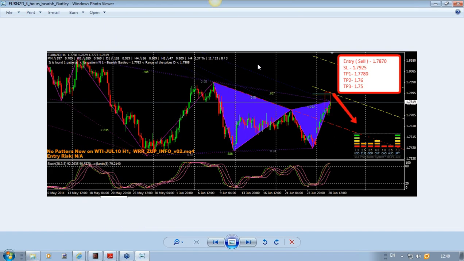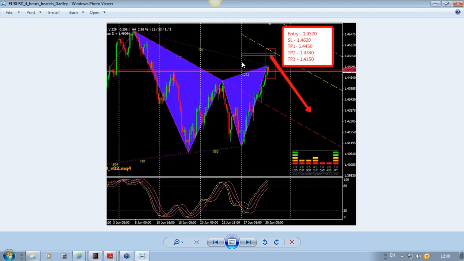But once again, as I said, it's a very statistical strategy. We can lose 1, 2, 3, 4, 5, 6 in a row, but we can also profit 5 or 6 in a row. The only thing we must remember is to make sure that the forecast profit is much bigger than the stop loss. This way we will guarantee our profits in the long run.